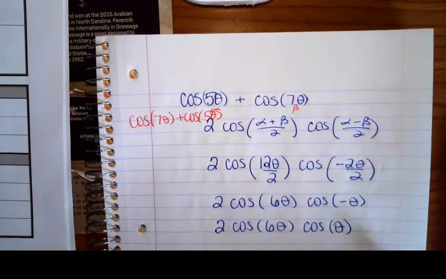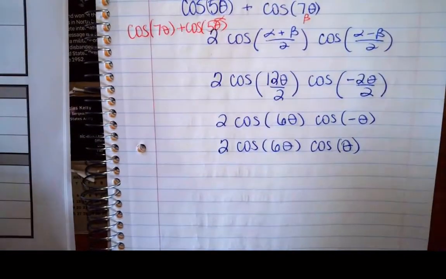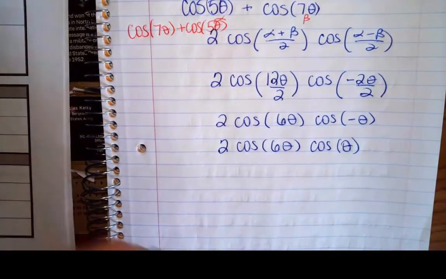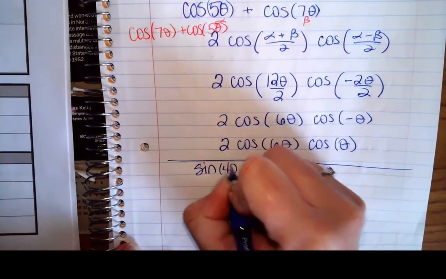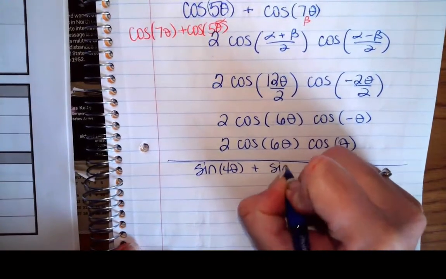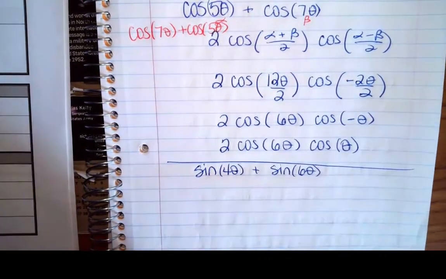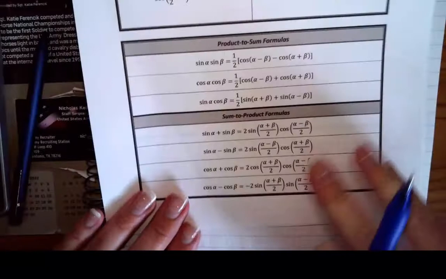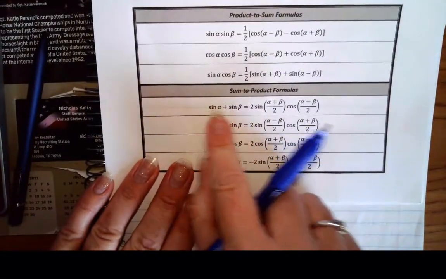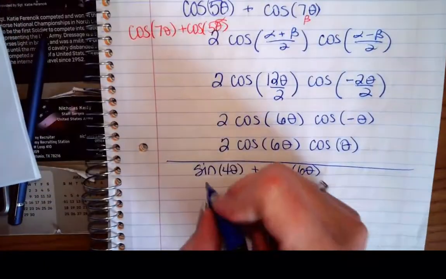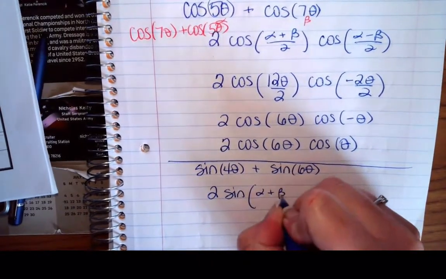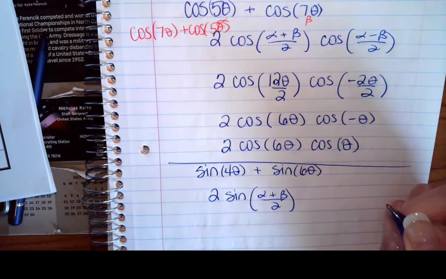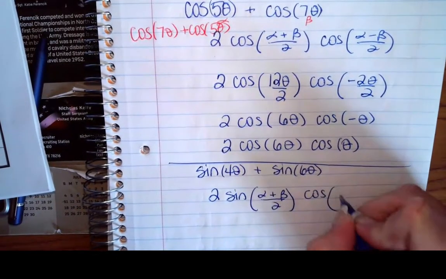Okay, so let's do 3 more. I've got the sine of 4 theta plus the sine of 6 theta. So again, I'm adding sines with different angles. So I'm going to use 2 sine of alpha plus beta over 2 times the cosine of alpha minus beta over 2.